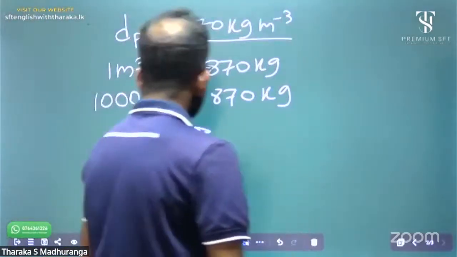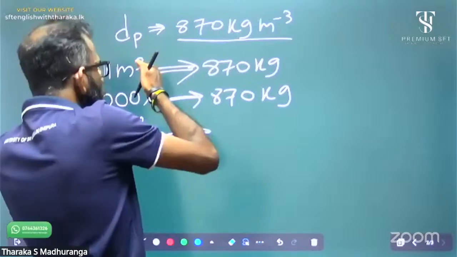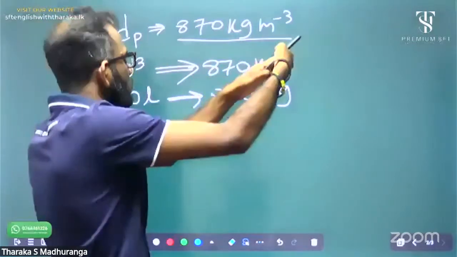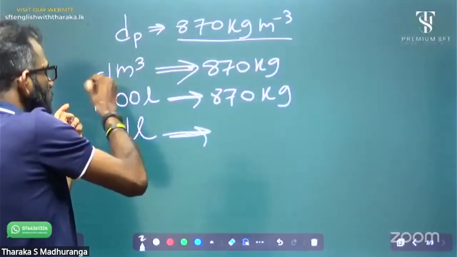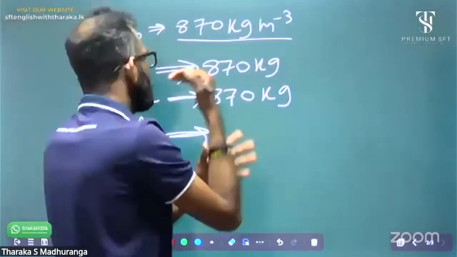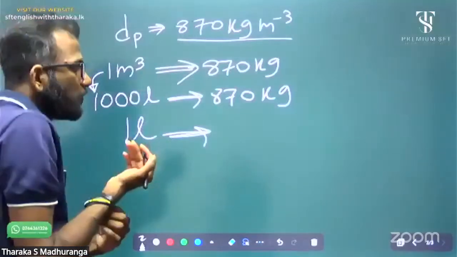Yes. How to calculate? 1 cubic meter of any liquid is 1000 liter, and 1000 liter equals 870 kilogram.